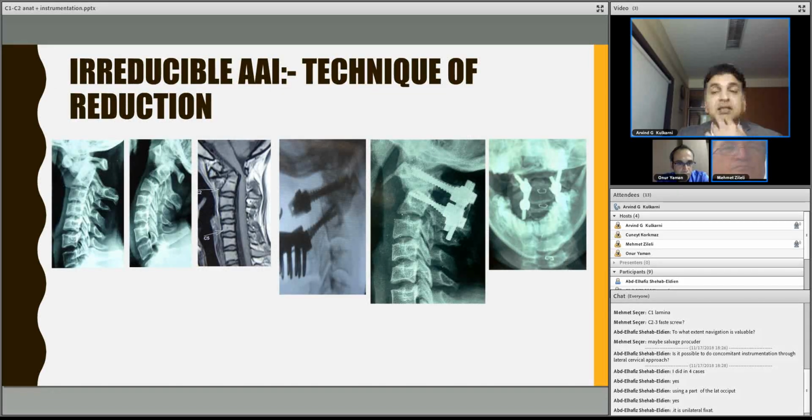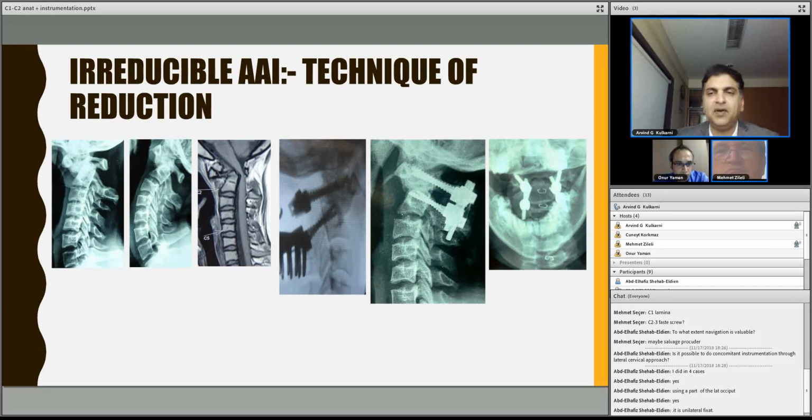So this is a case again where a trans-articular screw cannot be done. You cannot pass a trans-articular screw unless you have a reduction in place. But the advantage of C1, C2 segmental fixation is that you can reduce it on table. This particular patient, a young girl about 20 years old, you can see the C1, C2 instability is not reducing in extension.